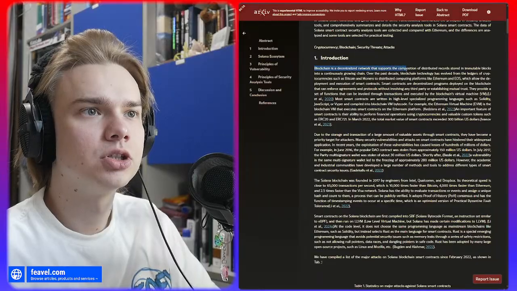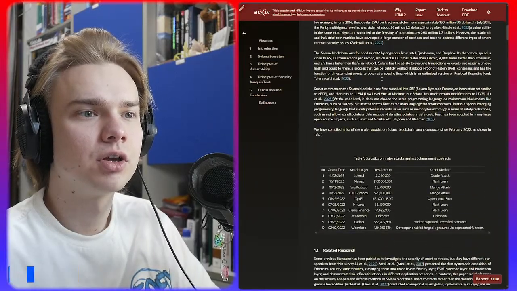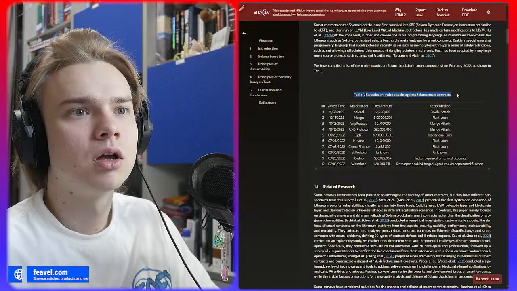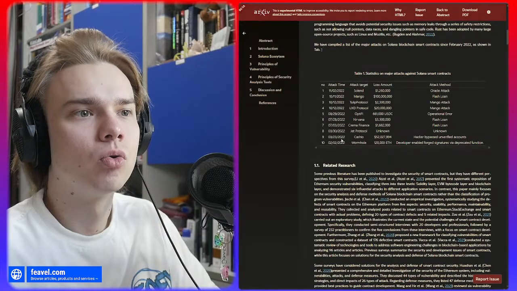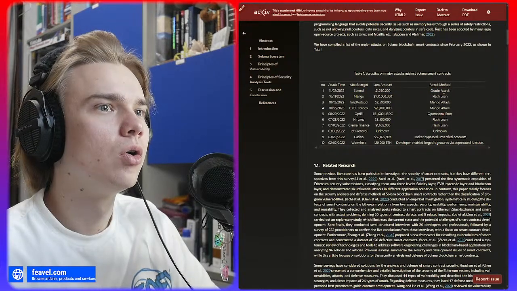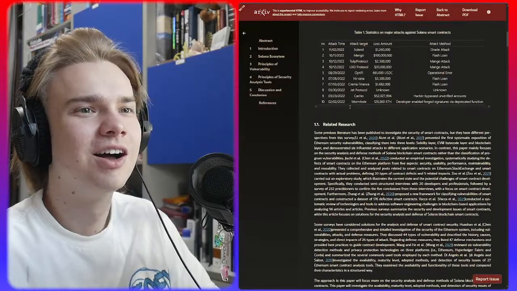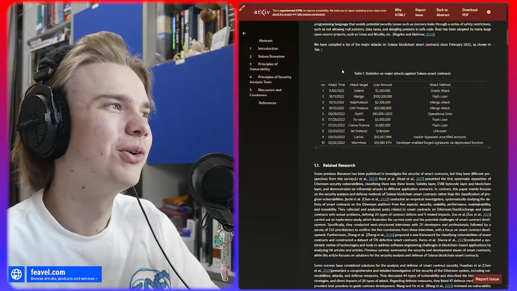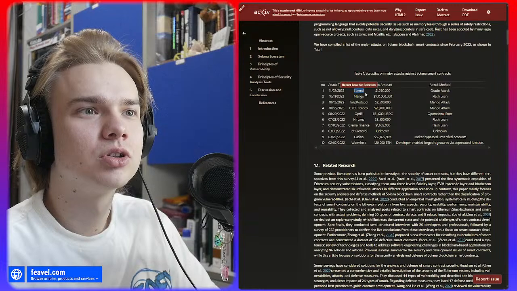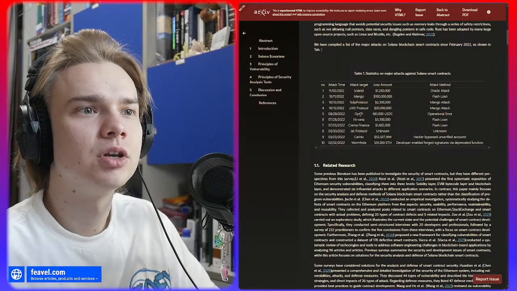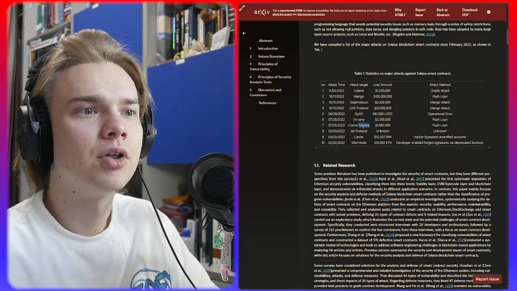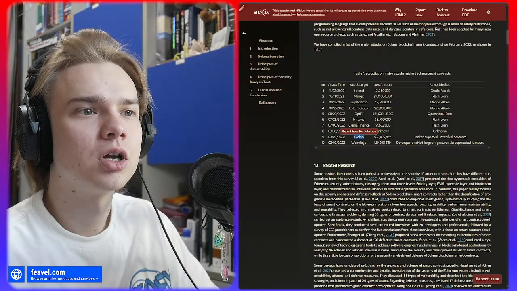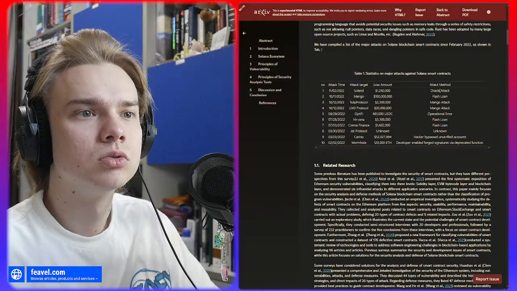Okay, blockchain is a decentralized network that supports everything and that. Oh. Okay, in 2021, attacks targeted Solend, Mango, Tulip Protocol, UXD, Optify, Nirvana, Crema Finance, Jet Protocol, Cashio, Wormhole.